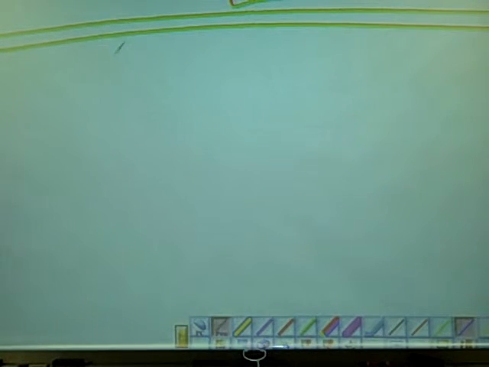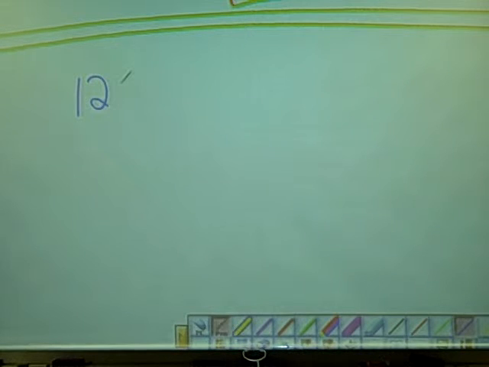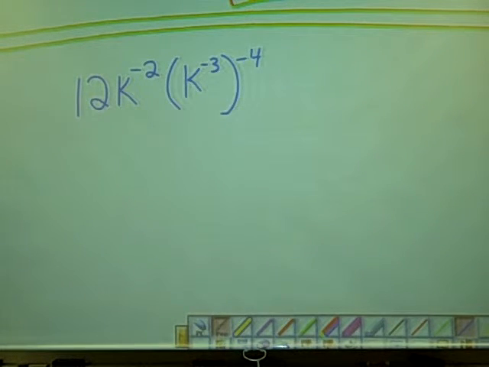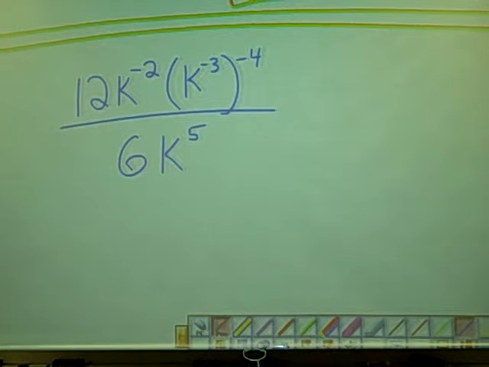Alright, let's try this. 12 k to the -2, parentheses, k to the 3rd, close it, and then parentheses, and then to the -4, over 6 k to the 5th.